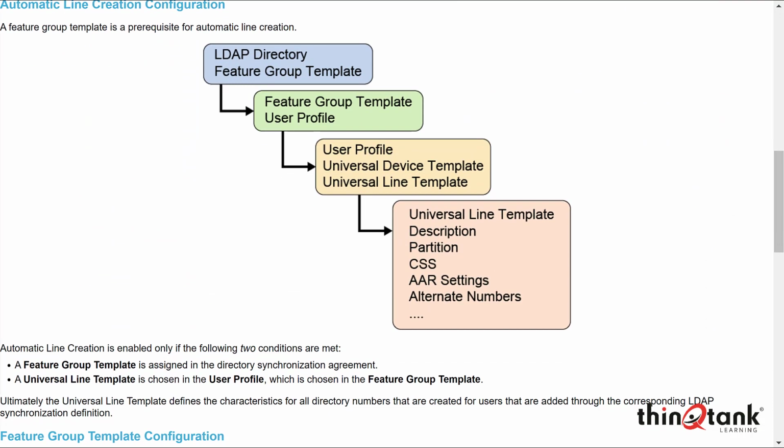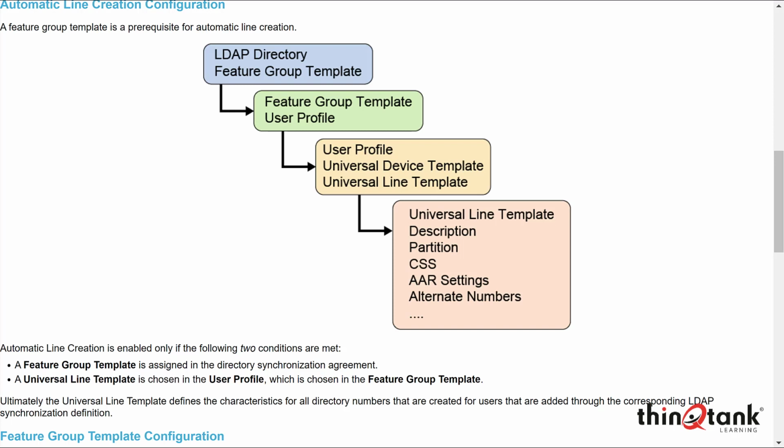Now, we do have the ability to do automatic line creation. Automatic line creation is based on 2 different features that we talked about. The feature group template, which is assigned to the directory in the directory synchronization agreement as we populate users into the database, and then the universal line template, which is chosen in the user profile, which in turn is chosen from that feature group template.